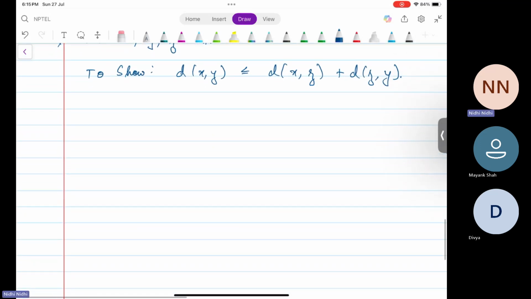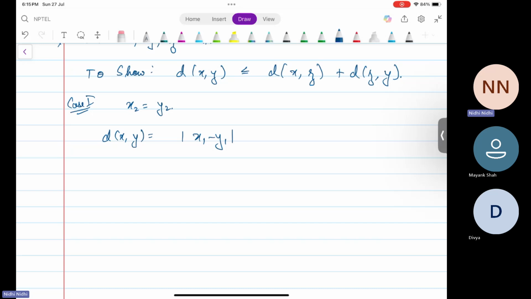So let's start with x and y. For xy, we again have two possibilities. Either x2 is equal to y2 or x2 is not equal to y2. Let's start with case 1, when x2 is equal to y2. In this case, our dxy is equal to mod x1 minus y1.